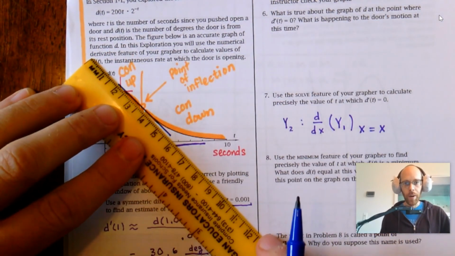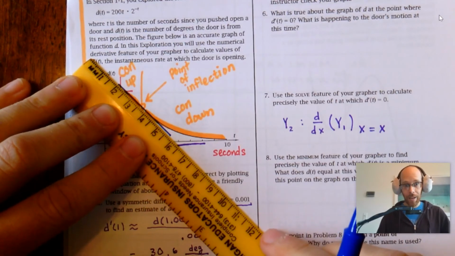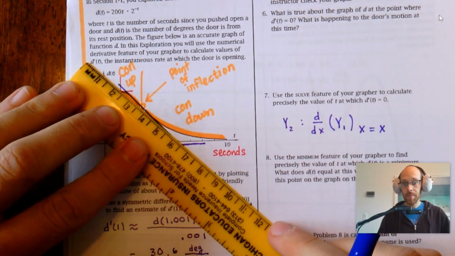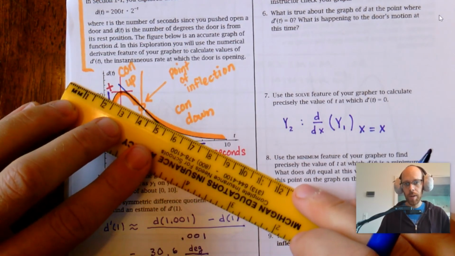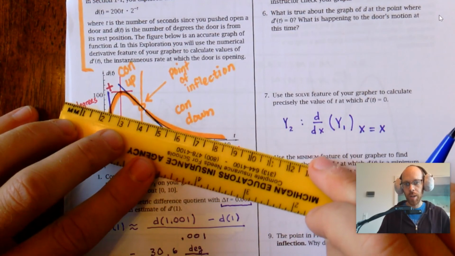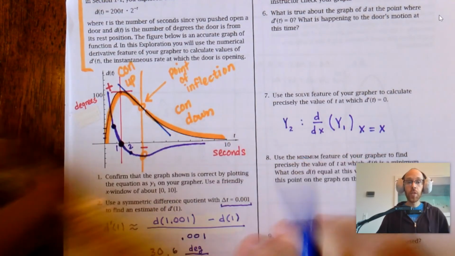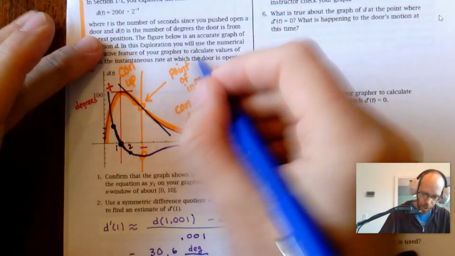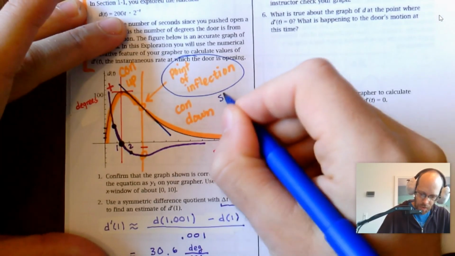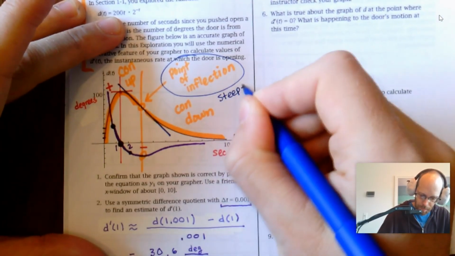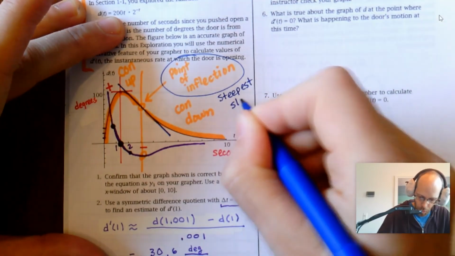Now, there we have a pretty negative slope. Afterwards, the slope is less negative, and then less negative, and shallower and shallower. So the point of inflection is the instant where we have the steepest slope.